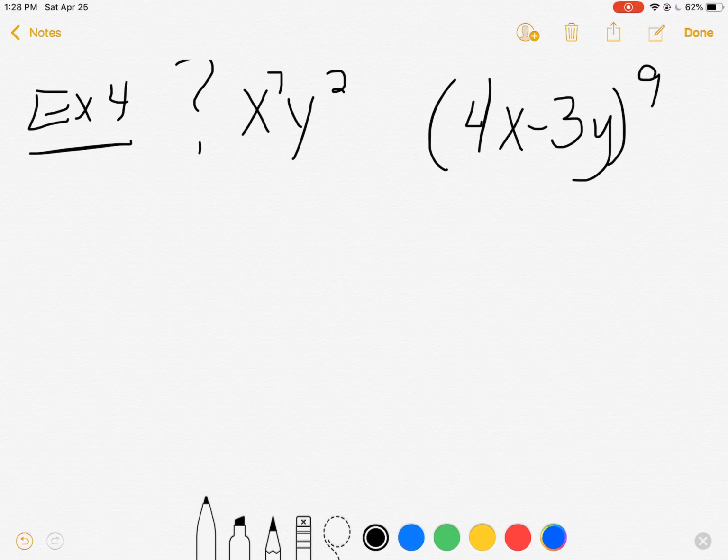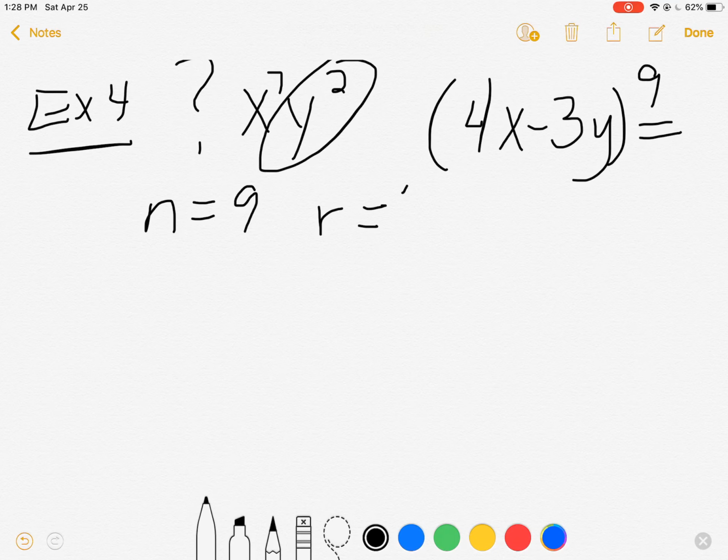So from this information given to me, I know that n is 9 and r is, looking at this, the second term is raised to the 2nd, so my r is 2.